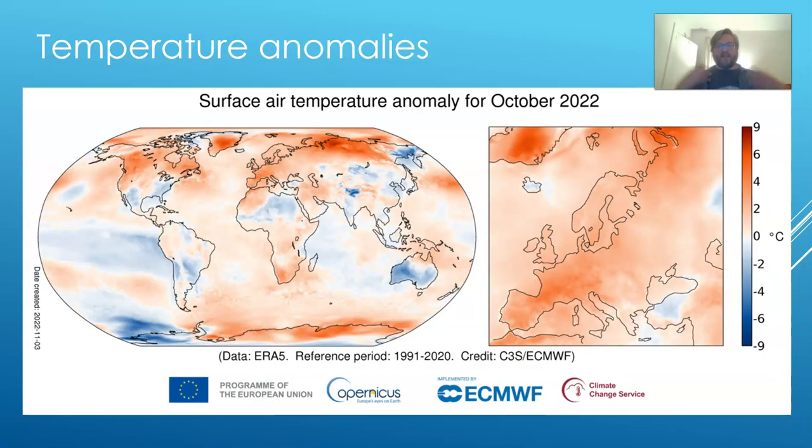This takes the temperature anomaly for a particular month, October 2022, and shows what it is for various places in the Earth. If you focus in on North America, what we see is that we have generally higher temperature anomalies, so a greater amount of warming relative to the average from past years in Canada and the northern United States.